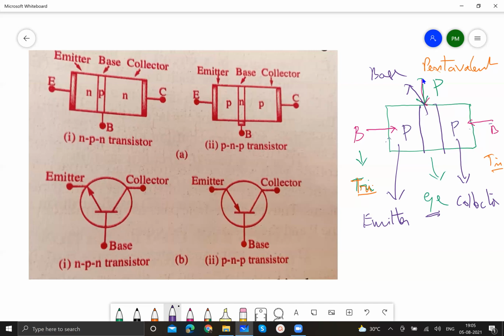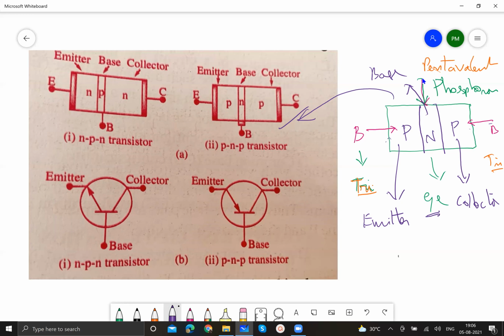This is of course phosphorus. So the two ends where the trivalent impurity is doped will become p-type, and the central region will become n-type. Thus we will get this PNP transistor. This is what I explained. So whatever I explained here is nothing but this.